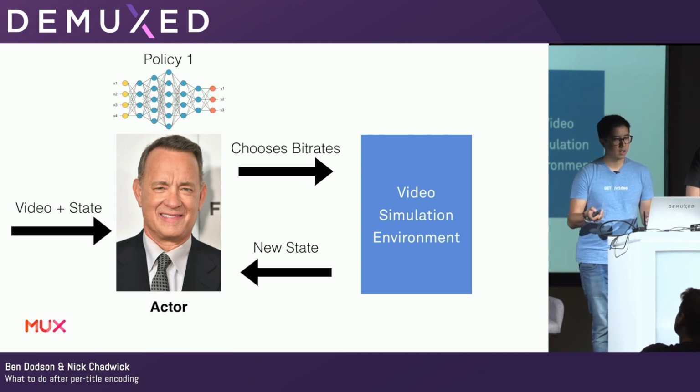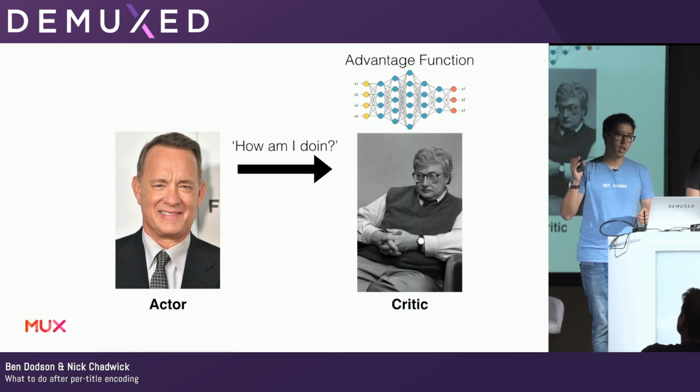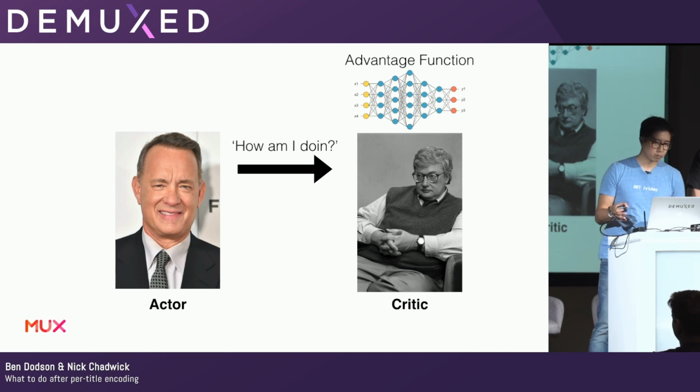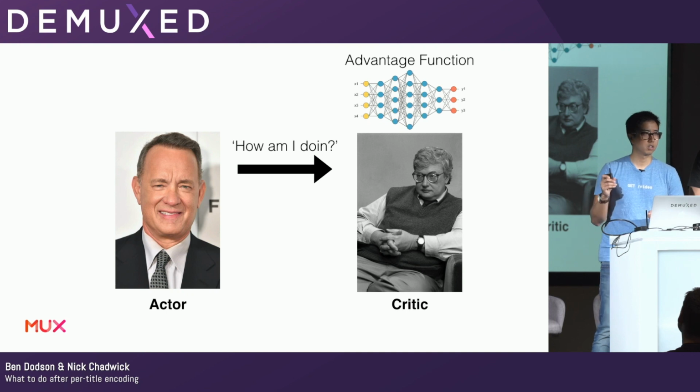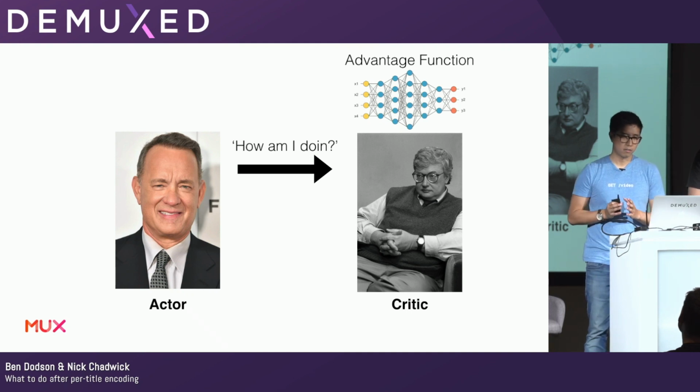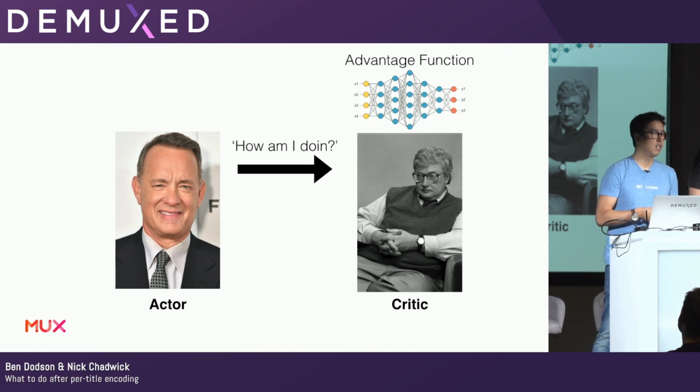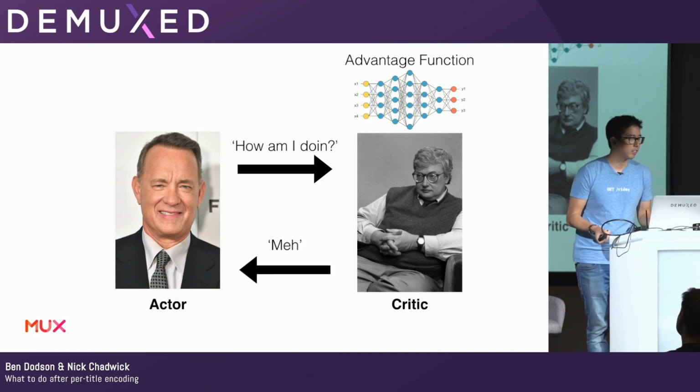And it does that a few times until it goes to a critic model, which is an identical model, except instead of an action vector at the end of the model, there's what's called a target function that is used to calculate something called advantage. And advantage grades the policy and essentially tells the actor which policy is better than other policies. So the first policies are not going to be very good because they're essentially randomized.